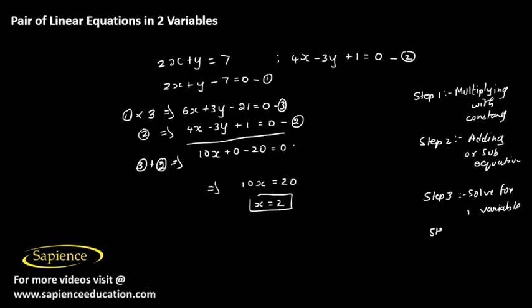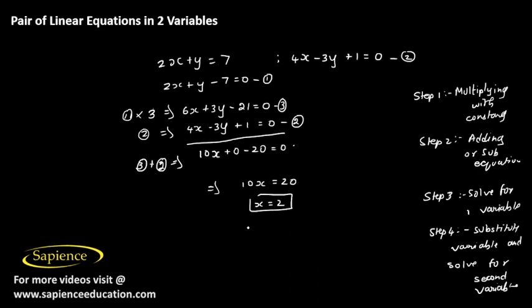Now step 4 is substitute this value of the variable and solve for the second variable. So we can substitute x is equal to 2 in either the first equation or second equation, and we will get the value of y.